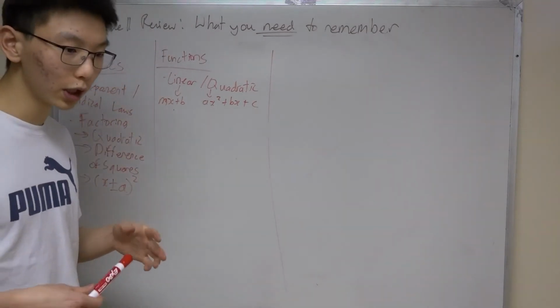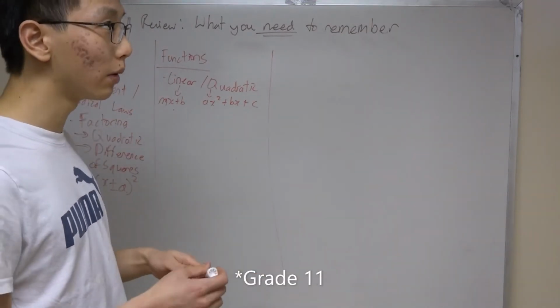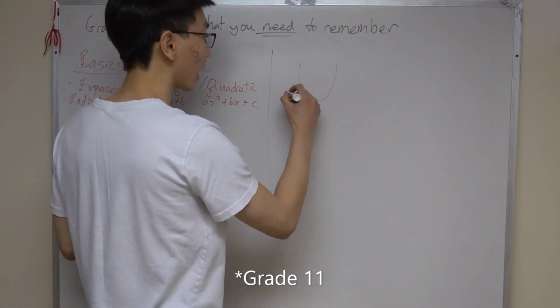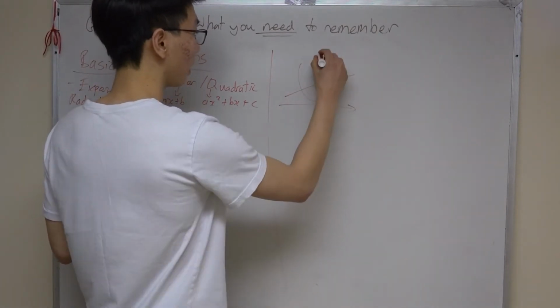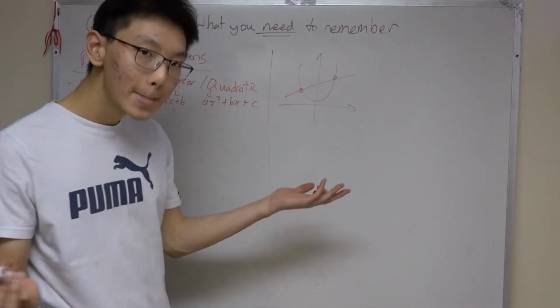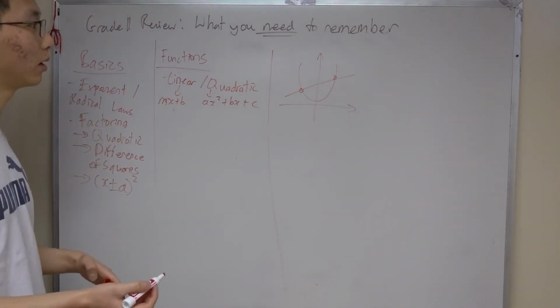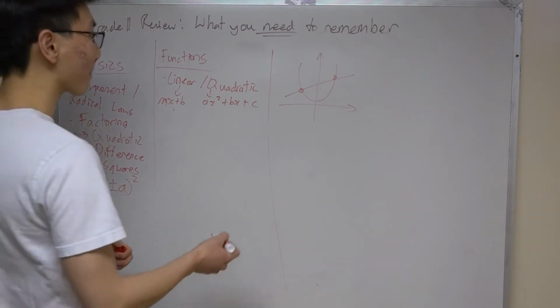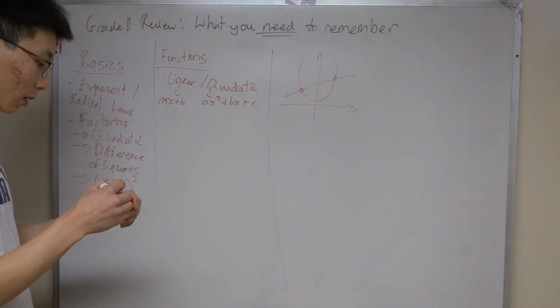Things that you might have learned in grade 12 include solving a system of equations where you have a quadratic and a line at the same time, and you just want to find out what the points of intersection are. That's one very common thing to do in grade 11, and that's going to be a pretty useful skill.